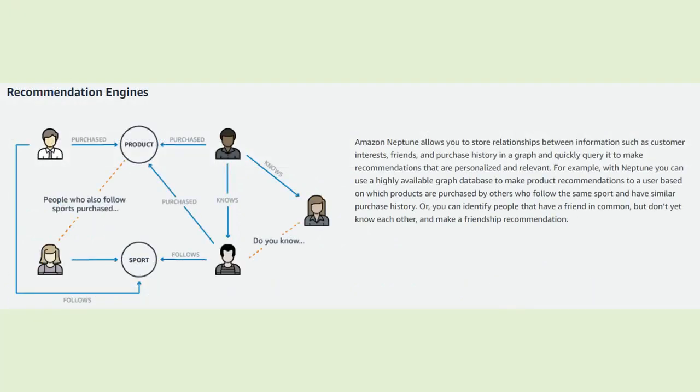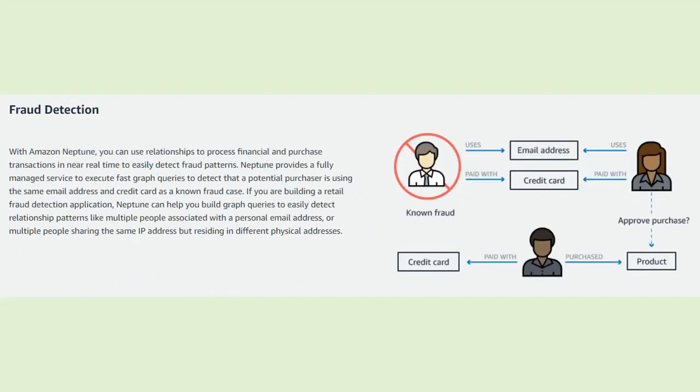Then we have a recommendation engine that we have learned about with the Amazon example. Then we may have fraud detection that could be used for OTP and different kinds of things with a credit card system or other financial estimates. We may have a purchase transaction in real time to easily detect fraud patterns.